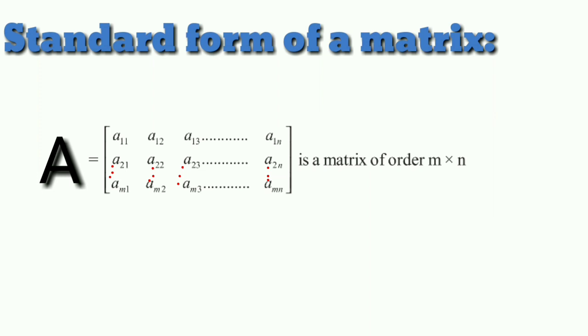For example, a23 is the second row, third element; amn is the mth row, nth element. From this standard form of a matrix, we can construct a 2 cross 2 matrix, a 2 cross 3 matrix. Like this, we can construct any number of matrices.